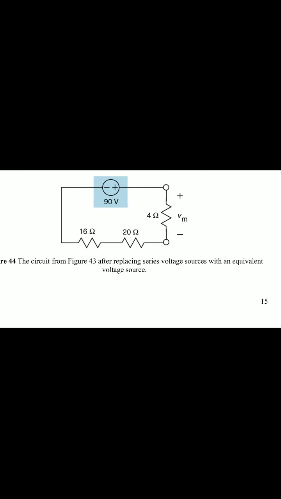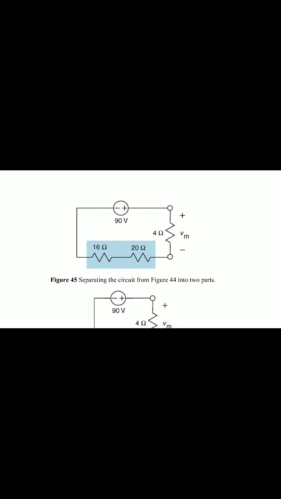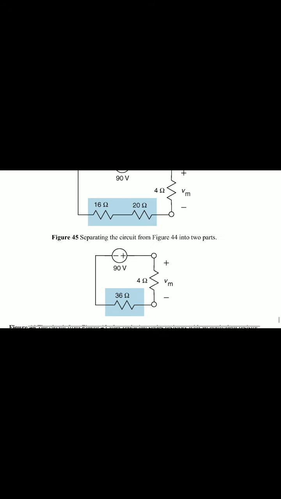Here they are asking for the voltage across the 4 ohms, but here 16 ohms and 20 ohms are in series. Now 16 ohms plus 20 ohms is 36 ohms. Here the 90 volts, figure 45, separating the circuit from figure 44 into two parts, 90 volts, 4 ohms, 36 ohms.